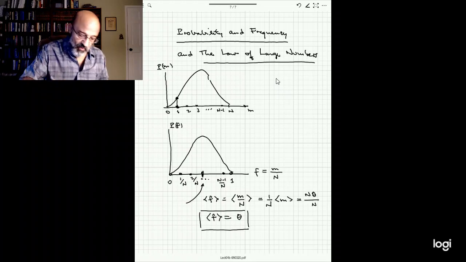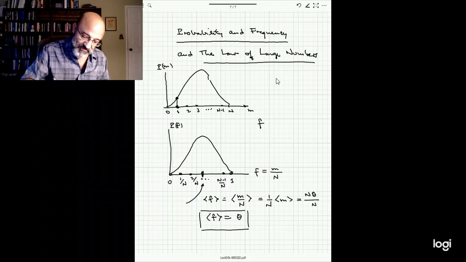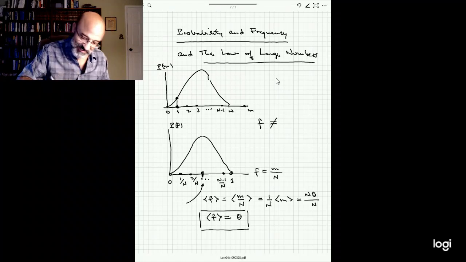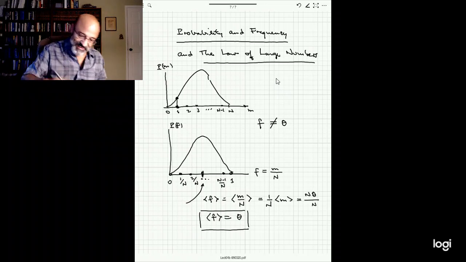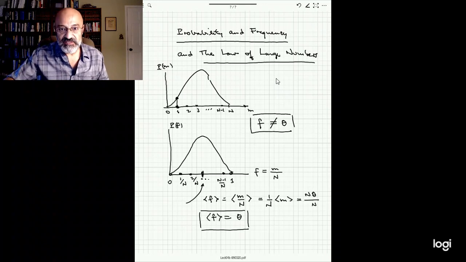So while it is true that f is not the probability theta, why is that?